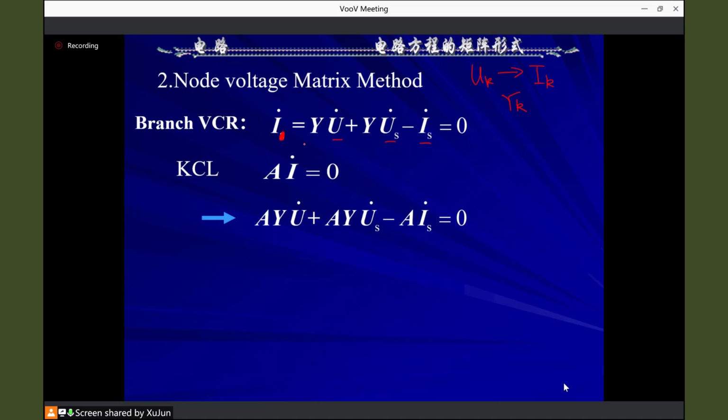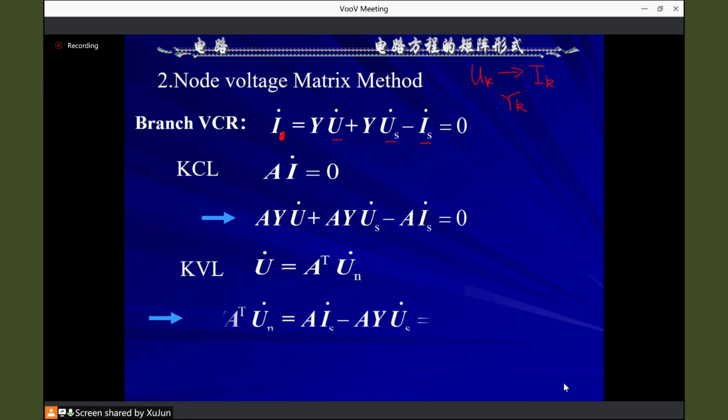AI equal to 0, so AYU plus AYUS minus AIS equal to 0. And for the KVL function, this U equal to A transform UN. So we can get the function A Y A transform UN equal to AIS minus AYUS.